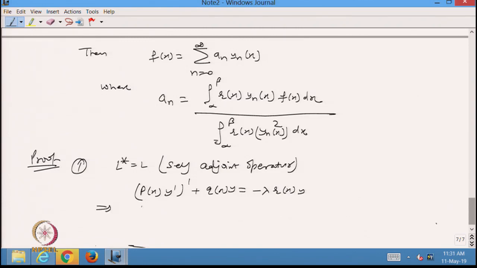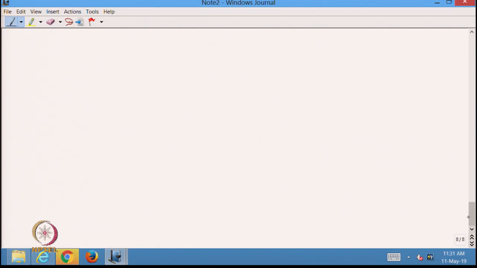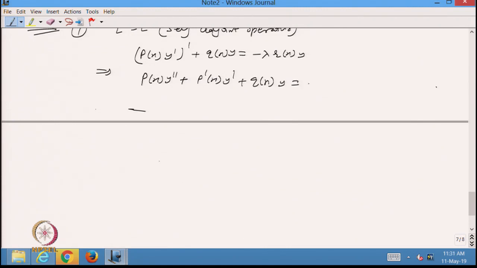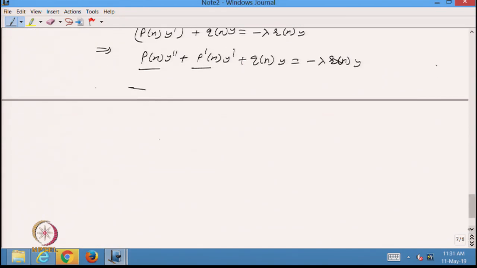So the derivative of y' is the derivative of the coefficient of y''. So this is a self-adjoint operator.